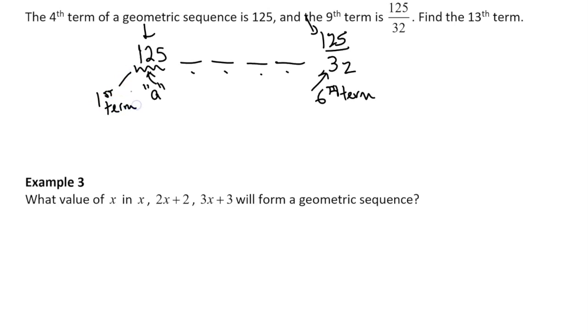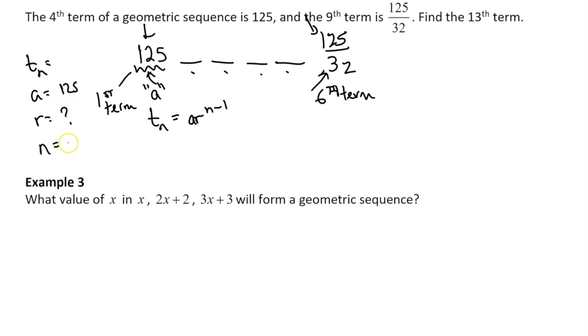Then let's see what would happen using the formula. You could say something like, well, if T of n equals A times R to the n minus 1, let's write out T of n, A, R, and n. And we have a bit of an issue here because we don't know what the common ratio is, but we know our 1st term is 125.